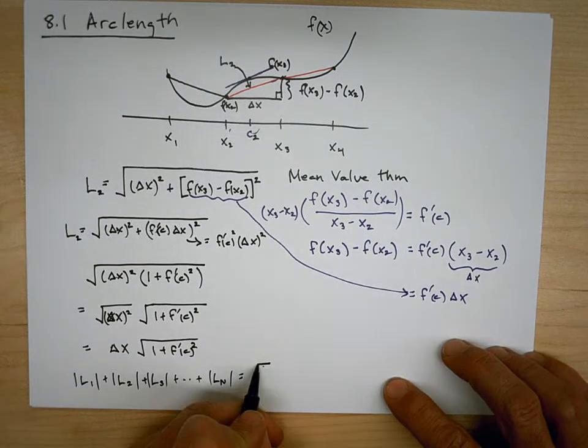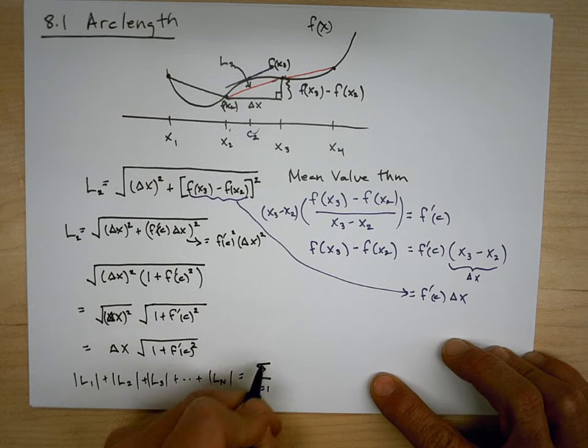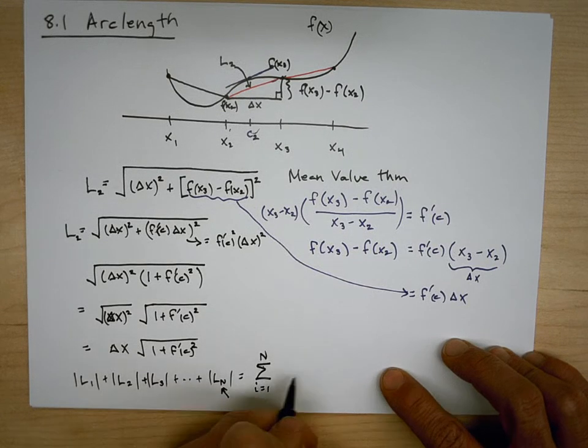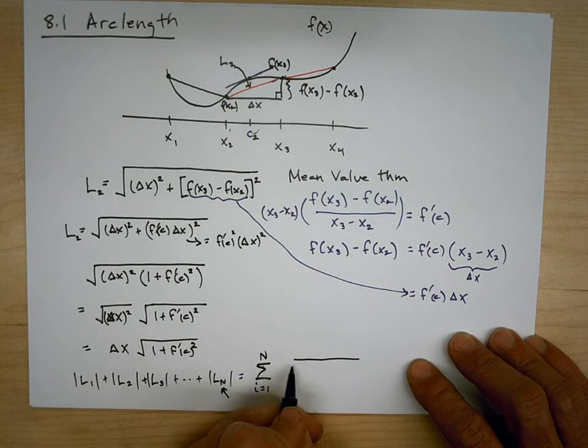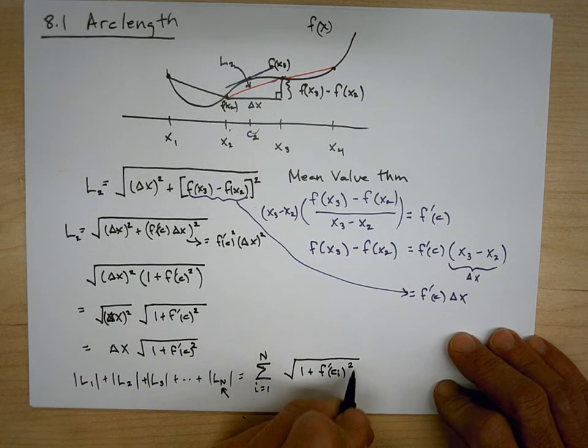So we're going to sum these up from i equals 1 up to n, because we have n lengths that we're adding up, and it's going to be the square root of 1 plus f prime of c sub i, that just means whichever interval we're in, we take that point, squared, and then delta x i.